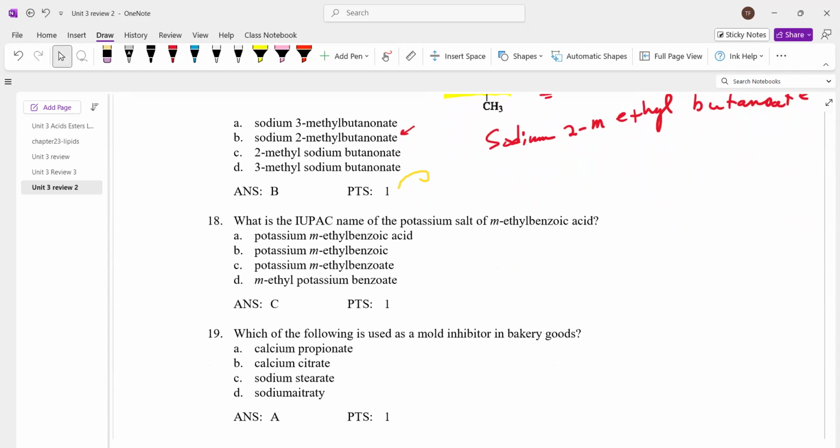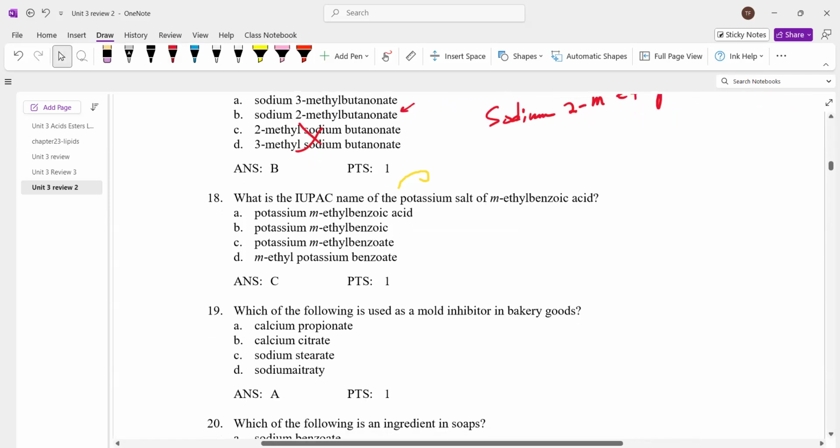Do you have a question? No, I was just saying like having the sodium in front kind of gives you a 50-50 chance. Yeah. So in this one, for example, those two would be immediately kicked out because you have to name the sodium first. So it's between the first or the second one. Same thing with this one. And we're naming a salt, so it's got to start with potassium, so that means that's out.